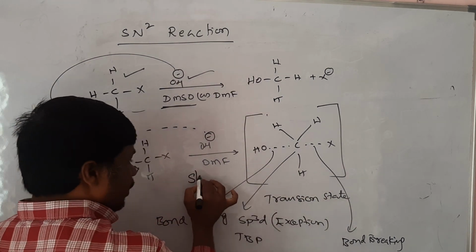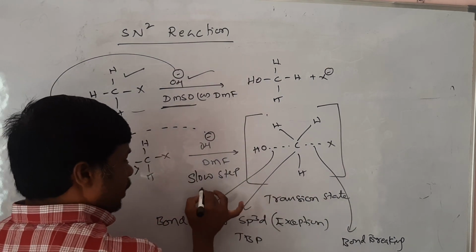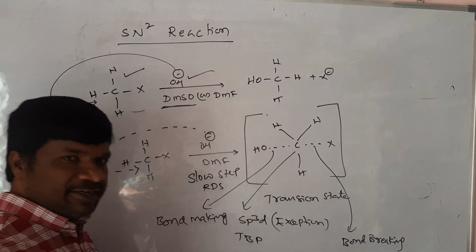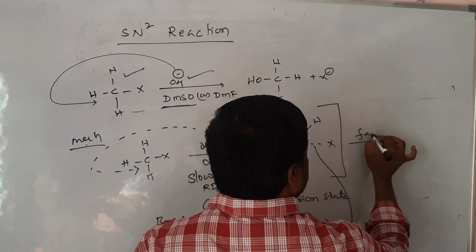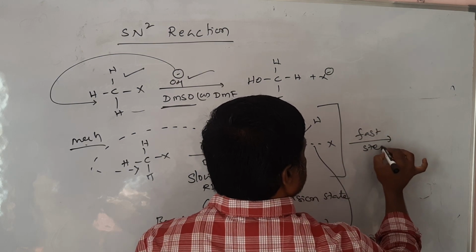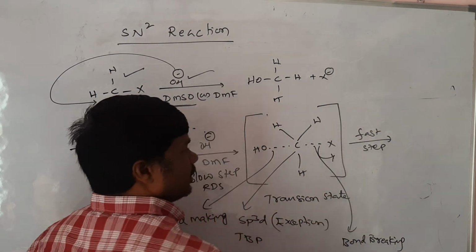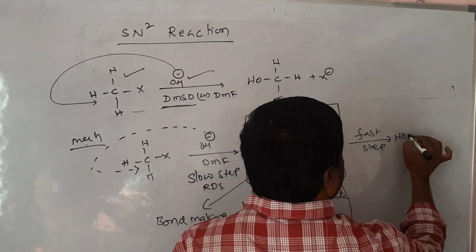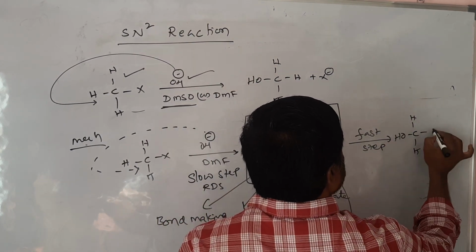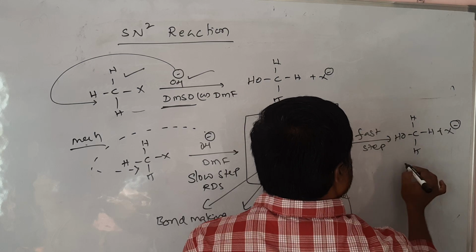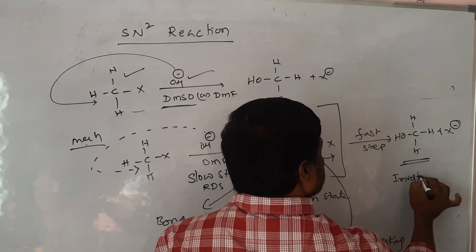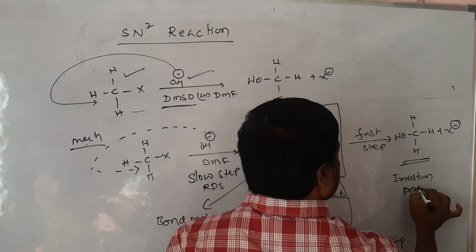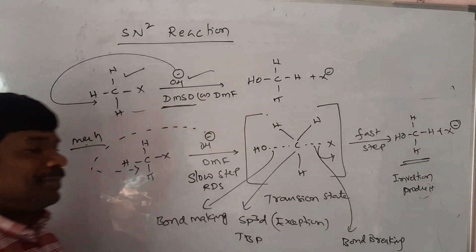This is actually the slow step, the RDS, rate determining step. Again, this is a fast step, the loss of X minus, giving HO-CH3 plus X minus. This is the inversion product. This is the SN2 reaction mechanism.